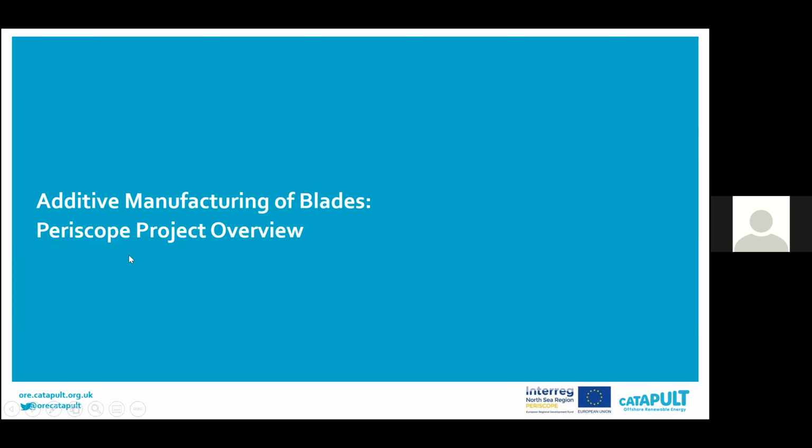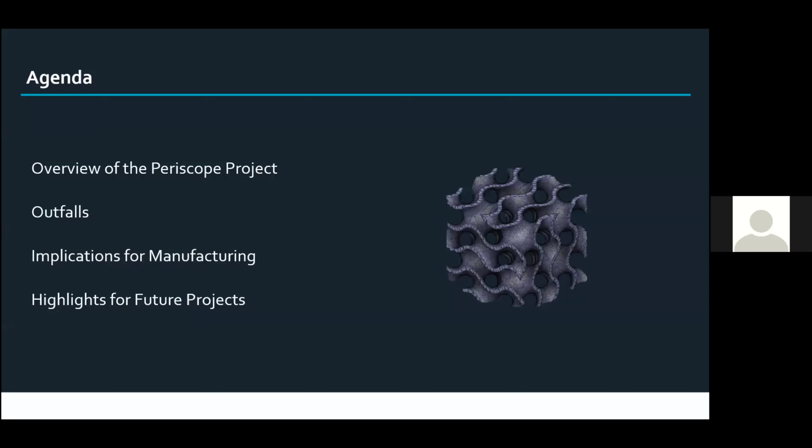I'm going to give an overview of this section of the PERISCOPE work that we've been carrying out. We've carried out a deep dive into the literature as a benchmarking study to see where the gaps are in additive manufacturing research, and where the research opportunities lie in the overall scheme of things.